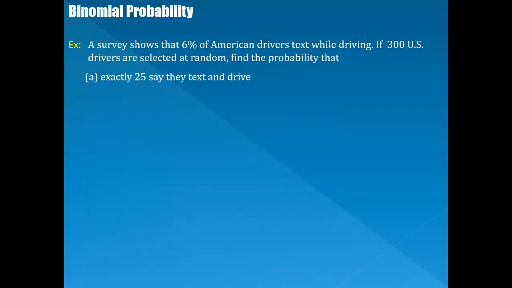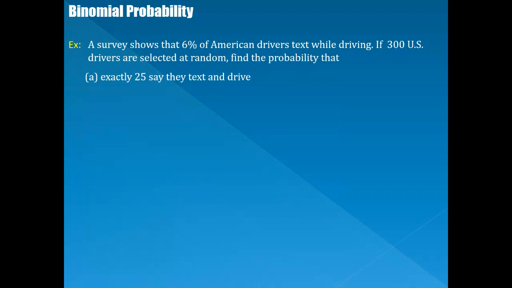So how about this? And this is a really similar concept to what we've just done in the last few examples. A survey shows that 6% of American drivers text while driving. That's awful. If 300 US drivers are selected at random, find the probability that exactly 25 say they text and drive. And they're telling the truth, hopefully.